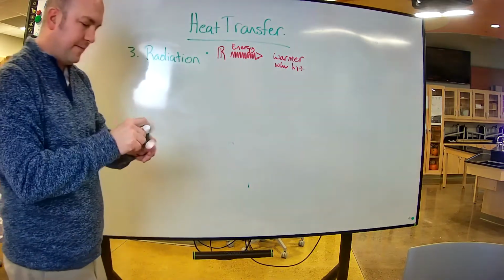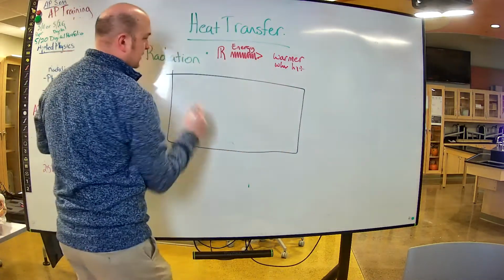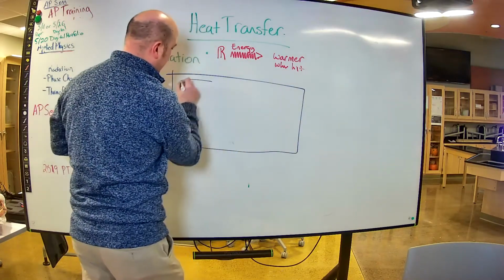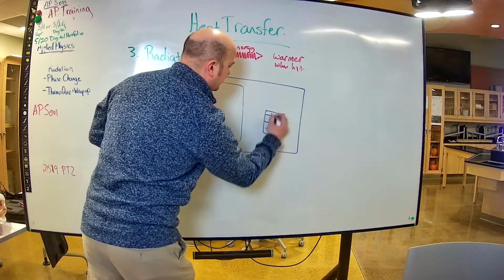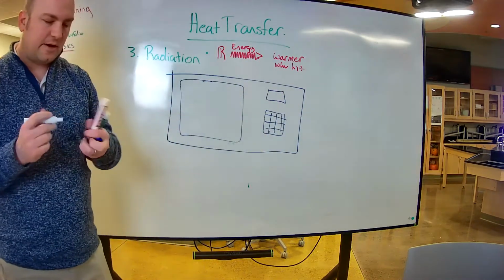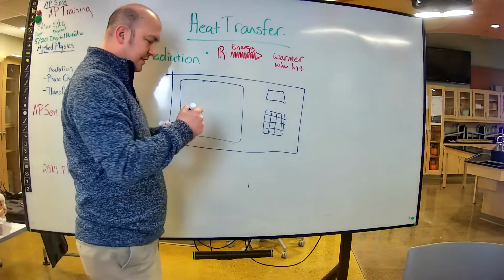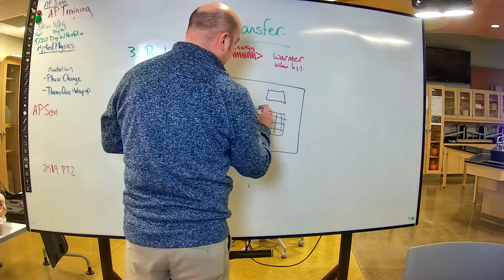Now, microwave. I'll have another video here in a minute, with our keys here and our timer there. What's actually behind all of that in the microwave is usually a device called a magnetron.